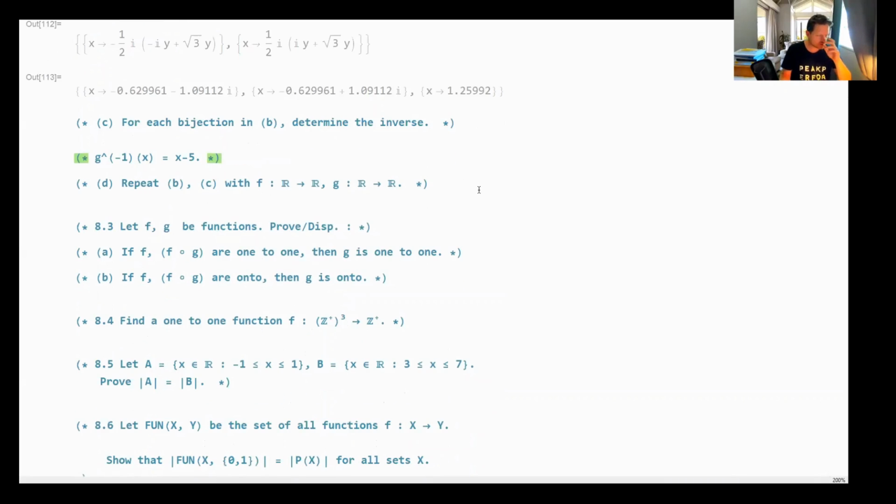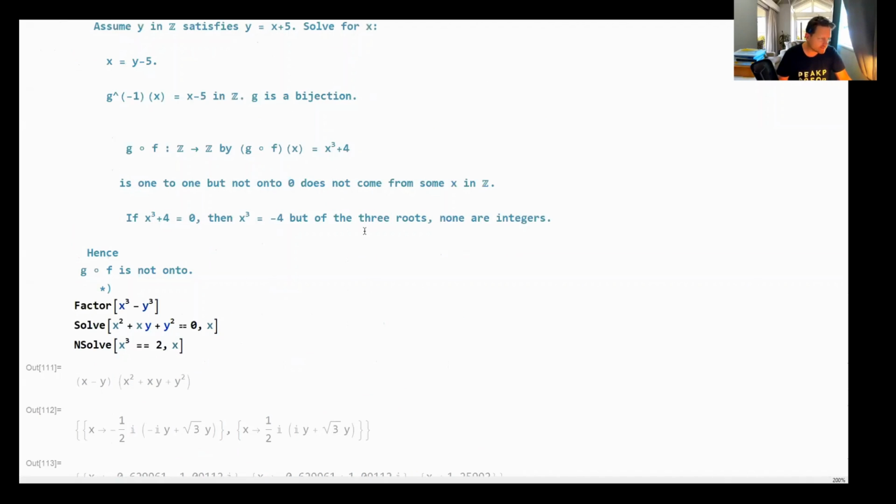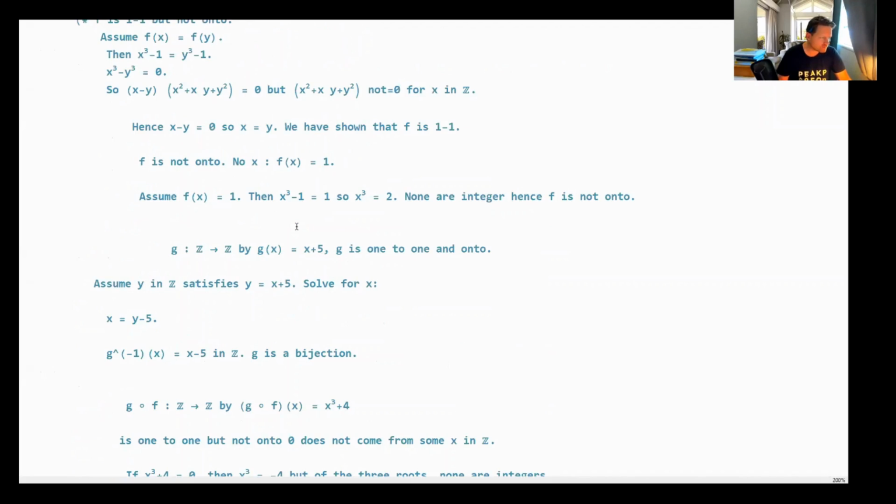Now this one could be a bit of a pain here. Repeat B and C with f defined on the real numbers, sending real numbers to real numbers, and g sending real numbers to real numbers. Okay, so basically, the rules are the same. So let's go up and copy those rules.